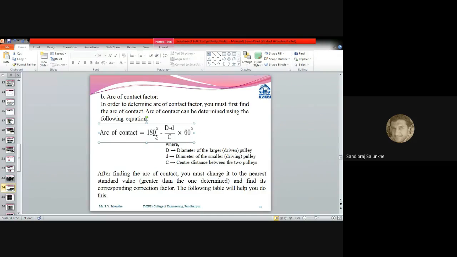Now this 180 degree minus 60 degree, actually we are going to consider that exactly. If it is not 180 degree, then it varies by means of 60 degree, but it is not exactly 60 degree. That's why we are going to use these diameters, that is the bigger diameter and smaller diameter, as well as the center distance, because the angle of lap or angle of contact depends upon all these parameters: diameter of the bigger pulley, diameter of the smaller pulley, and center distance, as we can see in this diagram.